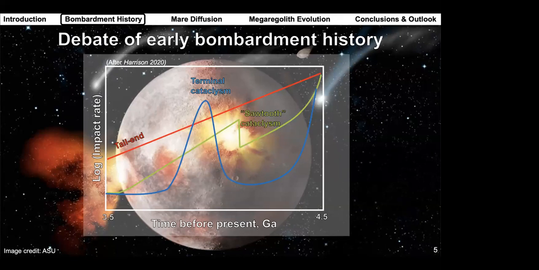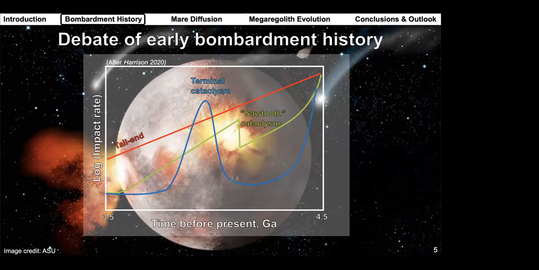So this is what we can learn from the impact mixing model: whether we can use this model to at least identify which one is more comparable with the observations.